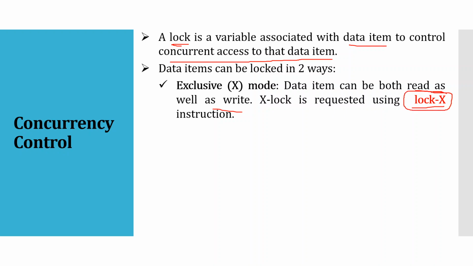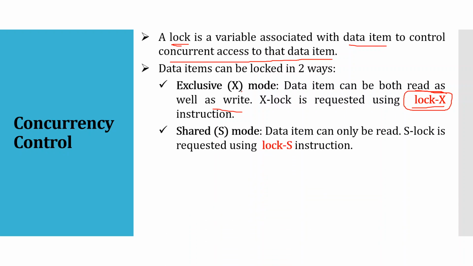Lock X means exclusive lock. That means you are allowed to read as well as make changes, that is write the data. You are allowed for read and write operations in the database if you have lock X, that is exclusive X mode. And second is shared S mode.